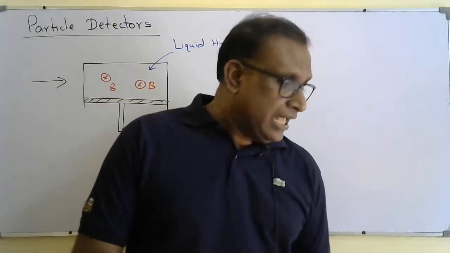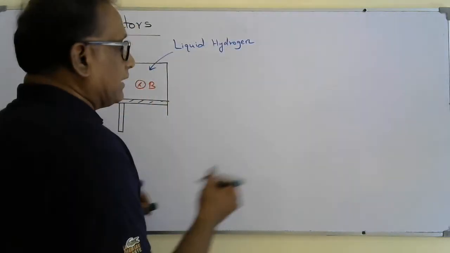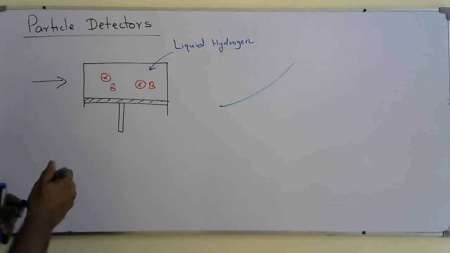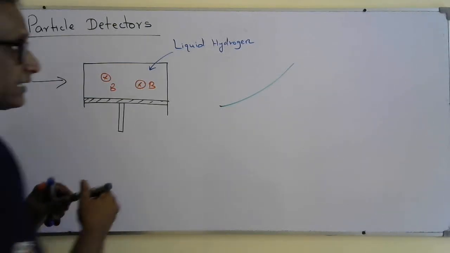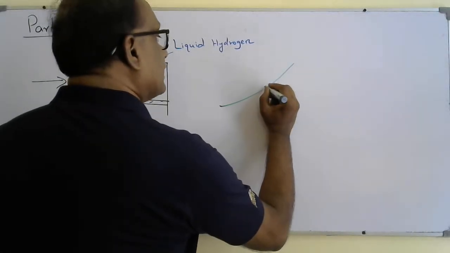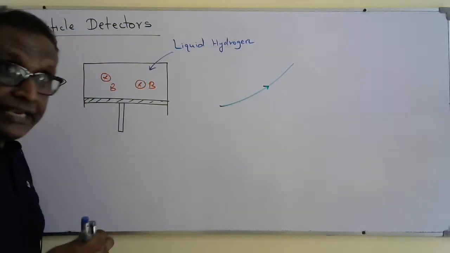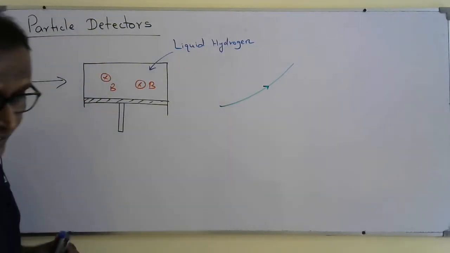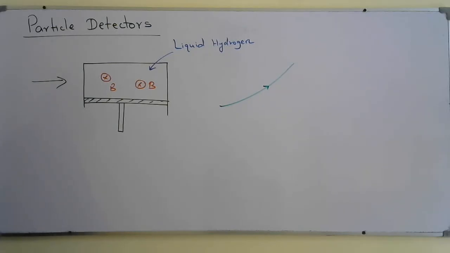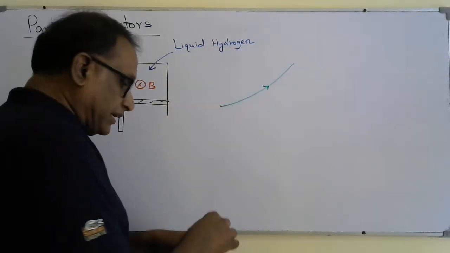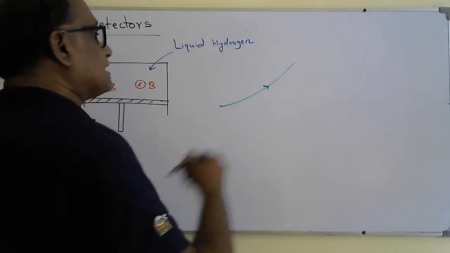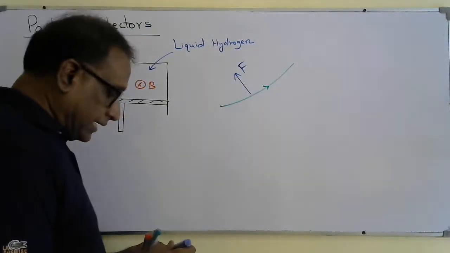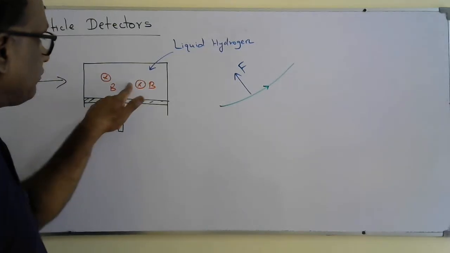Say, for example, if you get a track something like this, I know that the magnetic field is applied into the board, and I got a track along this direction. The track is curving upward, so I know the force is acting towards the center of the curved path.